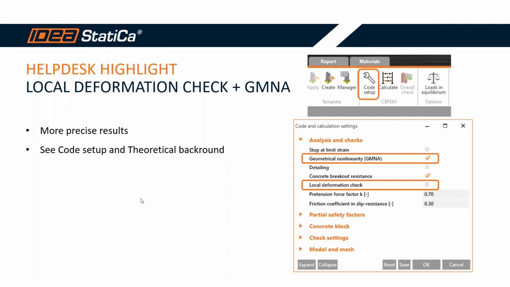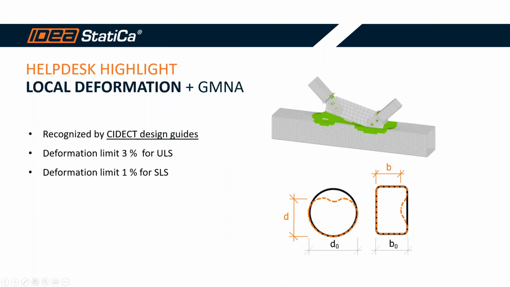All you have to do is go to Code Setup and check these two appropriate boxes. These checks are recognized by CIDECT design guides, and deformation limits used are 3% for ULS checks and 1% for SLS checks.